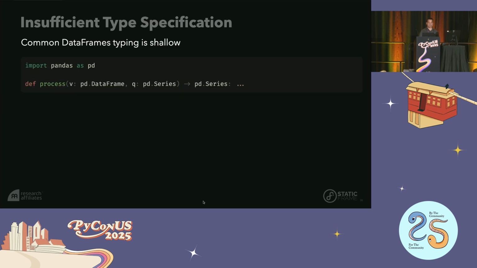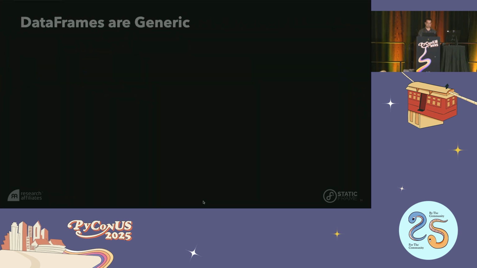Many of us have probably seen functions that look like this, where we have parameters that say, hey, we're going to take in a data frame, we'll take in a series, and we're going to return a series. Well, that's nice, but we don't know anything about the values inside those containers. These are not simple types. These are complicated compound types that have many types within them. And the typing as such, I think, is really quite insufficient.